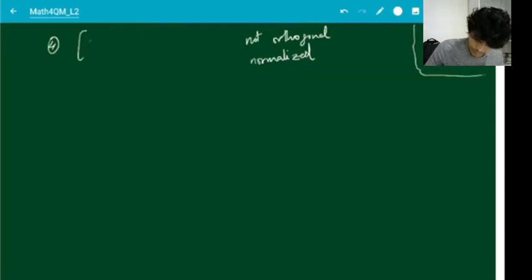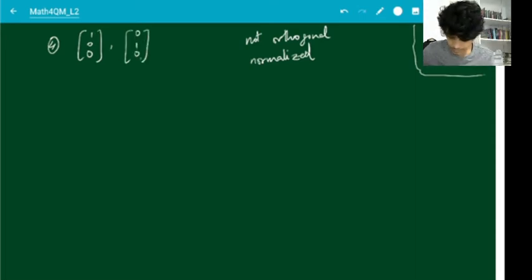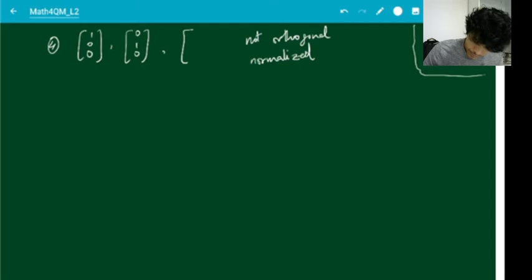So let's start with some basic ones. 1 0 0, 0 1 0. The third one, I don't want it to be orthogonal to them, so 1 over root 2, 0, 1 over root 2.